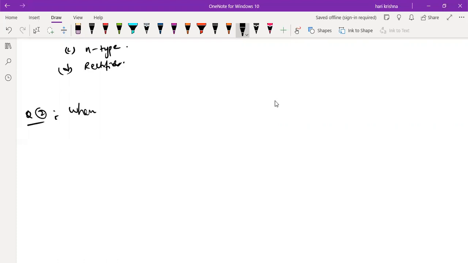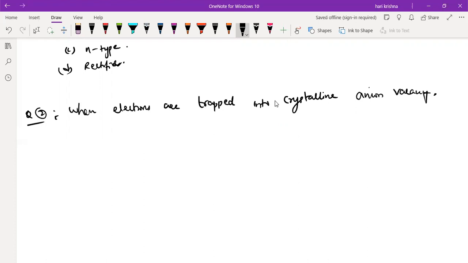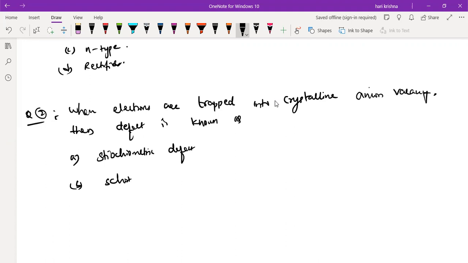When electrons are trapped into a crystalline anion vacancy, then the defect is known as option A, stoichiometric defect, option B, Schottky, option C, Frenkel, option D, F-centers.